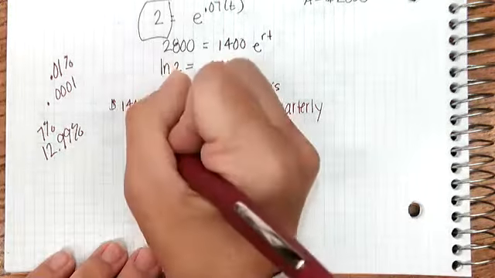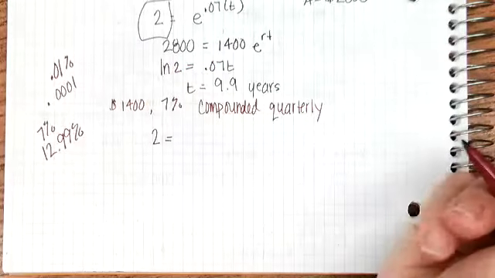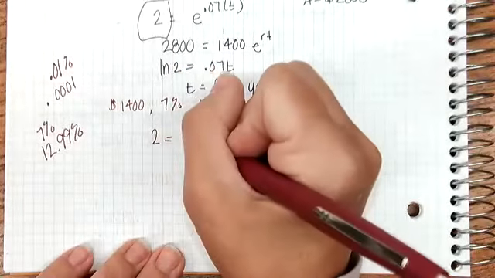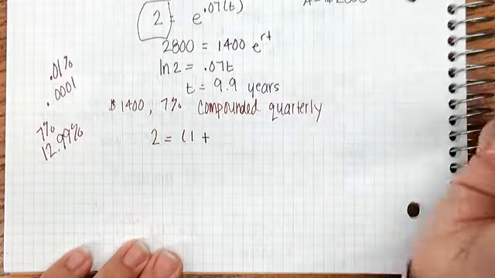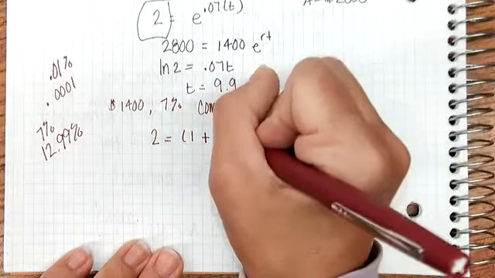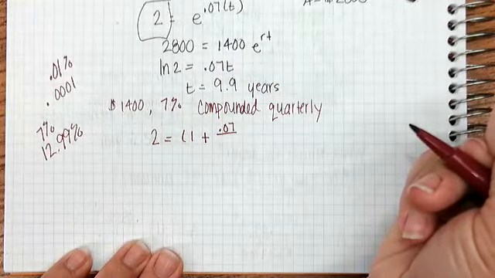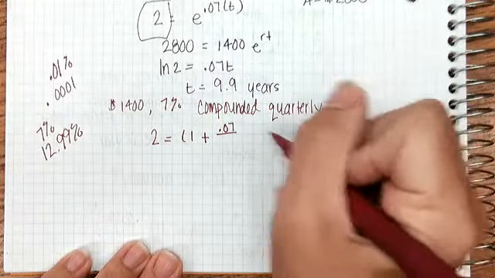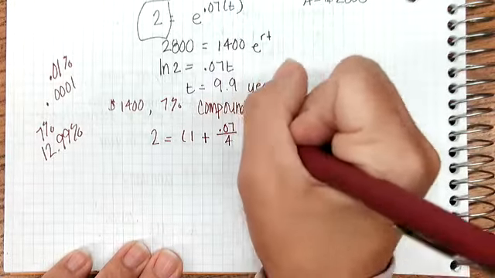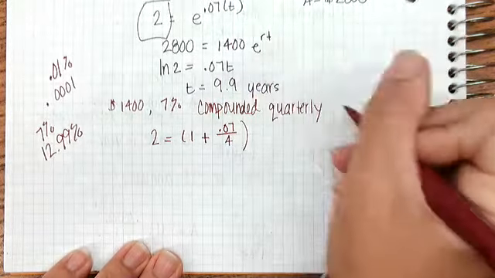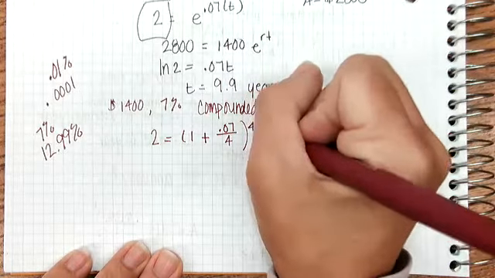So 2 equals 1 plus r, which is 0.07, over n, which is quarterly, that's 4, to the n, which is 4t.